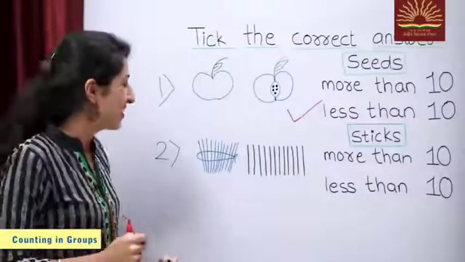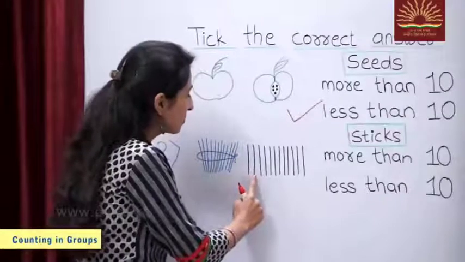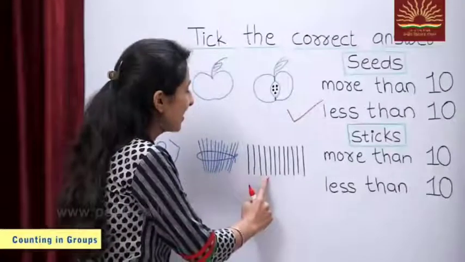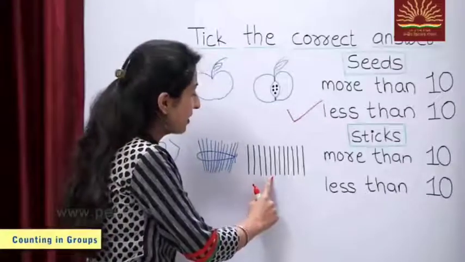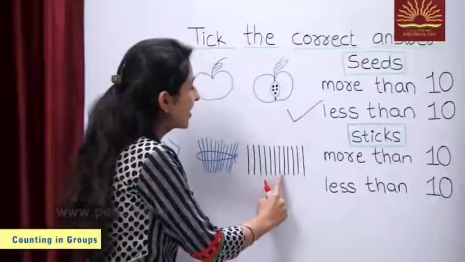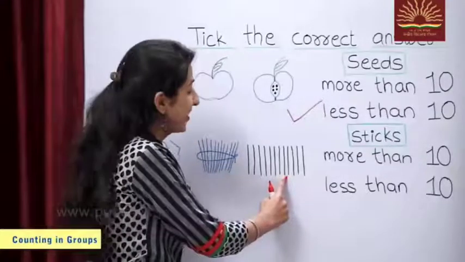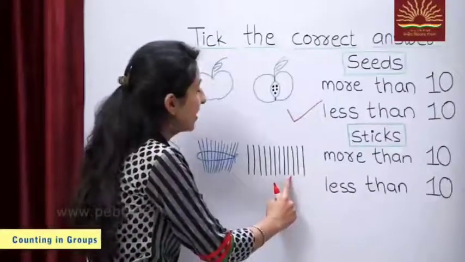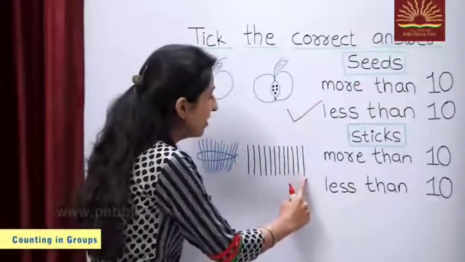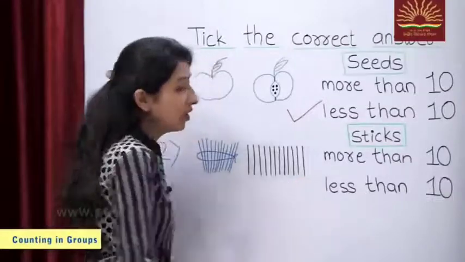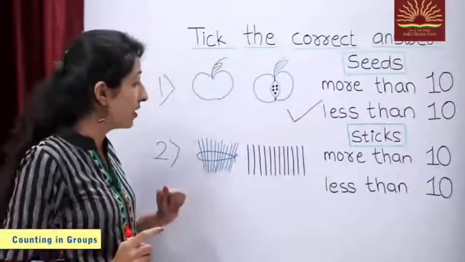Let's count. 1, 2, 3, 4, 5, 6, 7, 8, 9, 10, 11 and 12. So, there are total 12 sticks in this bundle.